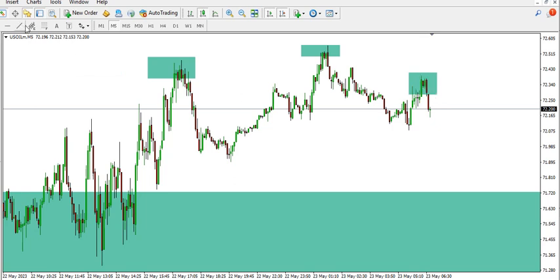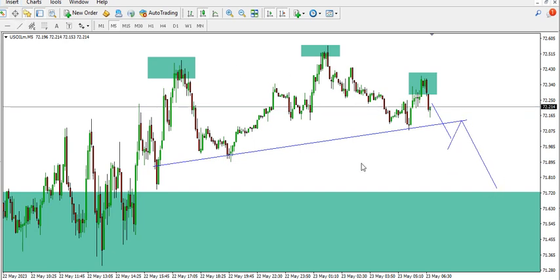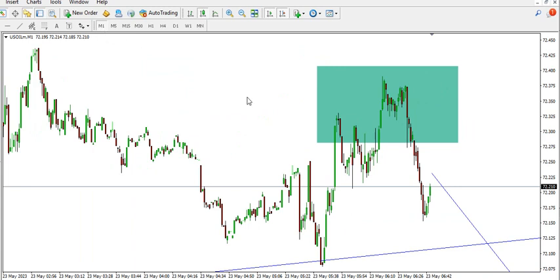So as soon as we have a break of this neckline, we might expect a retest of that neckline for price to drop. But for now, the head and shoulders pattern is still forming, and it's not complete yet on the 5 minutes time frame for US oil.